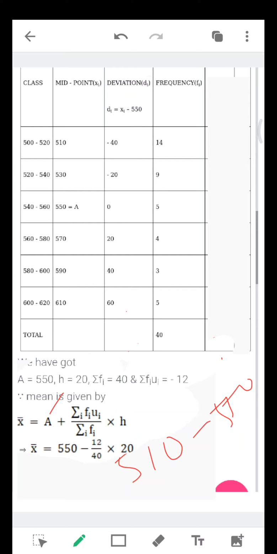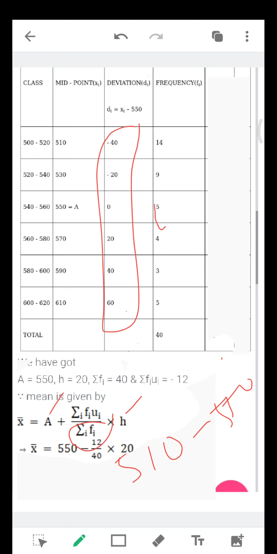Okay, so we have got three values. We got a value, we got h value, and we have got sigma fi value. Now the leftover is ui. So for finding the value of ui, you must divide these values, listen carefully, di by h.